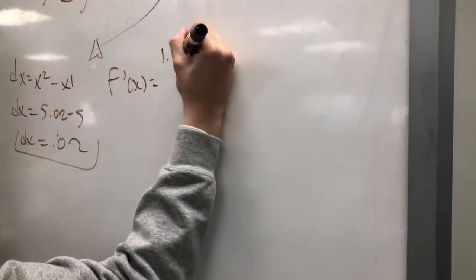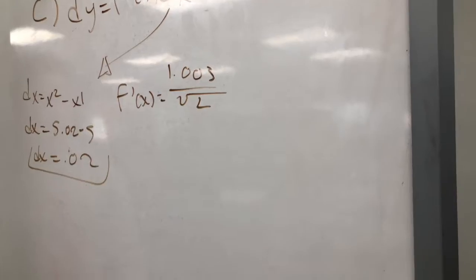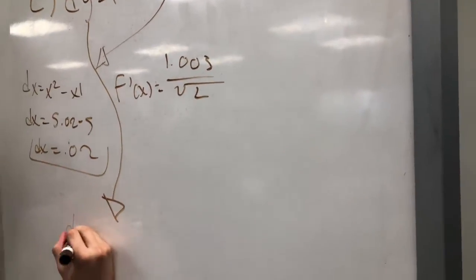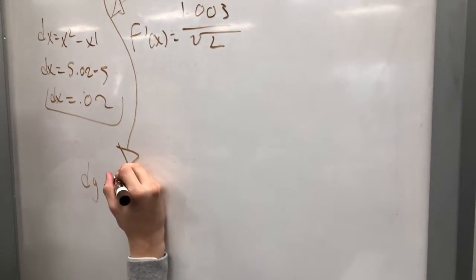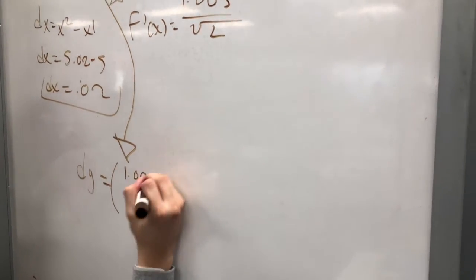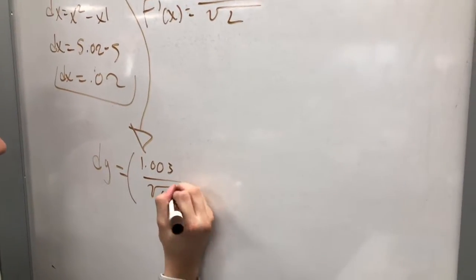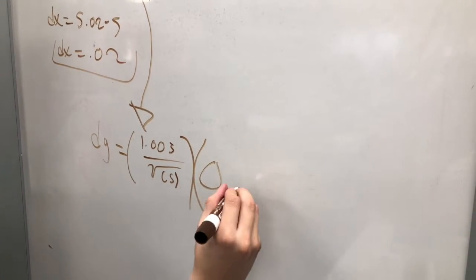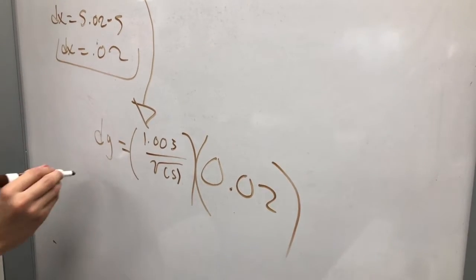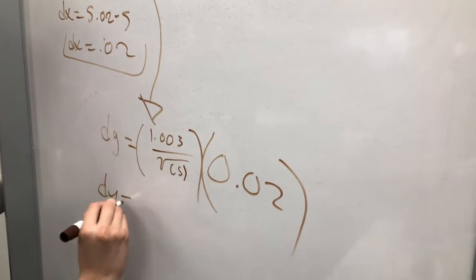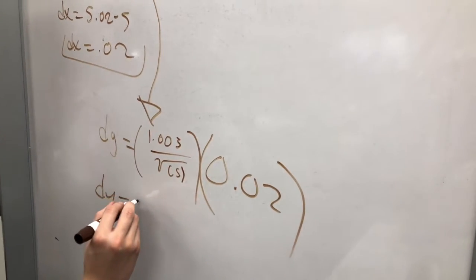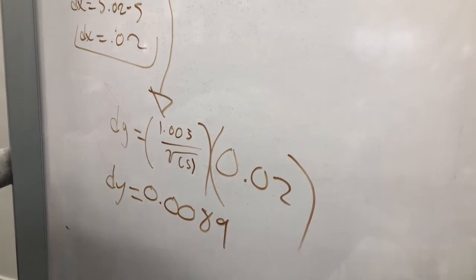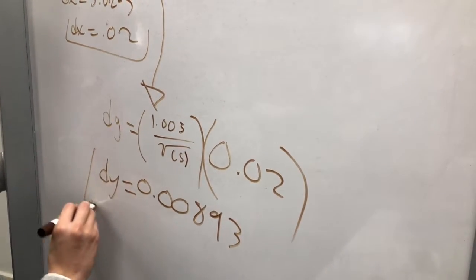We also know that our f prime equals 1.003 over square root of L. So we will use the function dy equals 1.003, which is our f prime, divided by square root of 5 times 0.02, which brings us to our final answer, dy equals 0.00897.